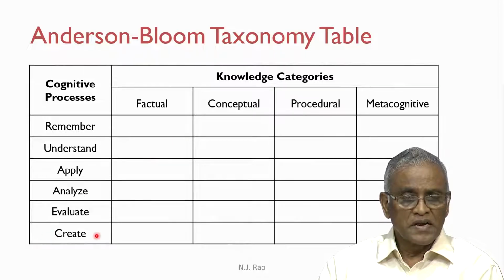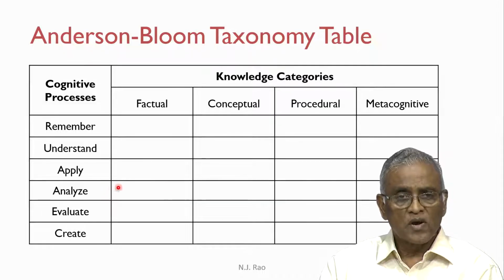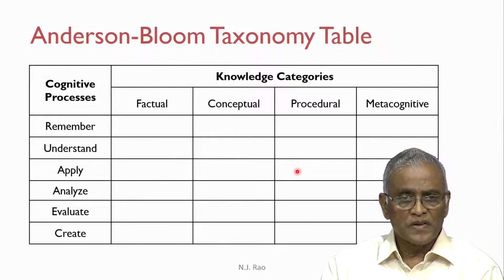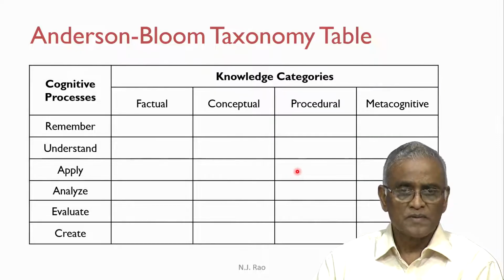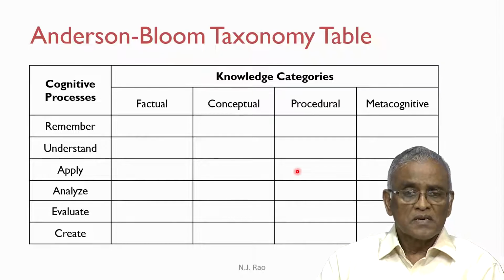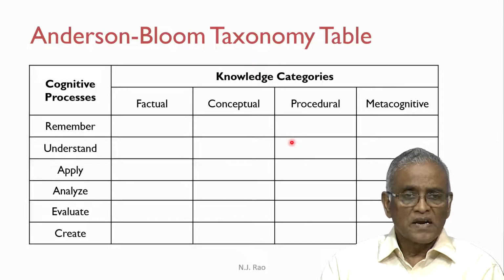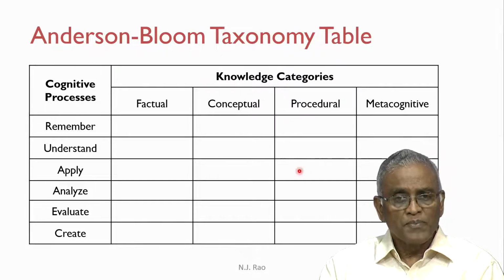Anything that you create is a higher level than evaluate, evaluate is a higher level than analyze, and so on. So, what happens if I identify an activity here, let us say apply and procedural, then the cognitive activities in understand and remember are implied.